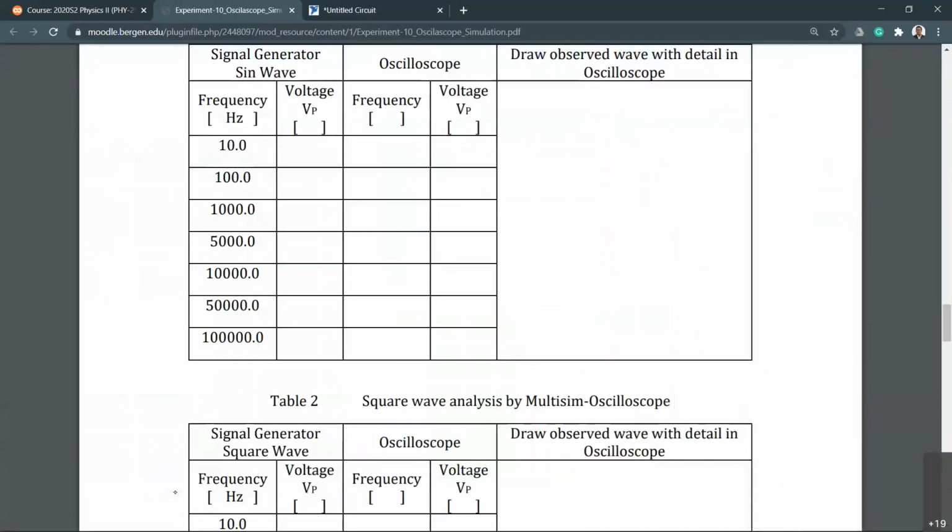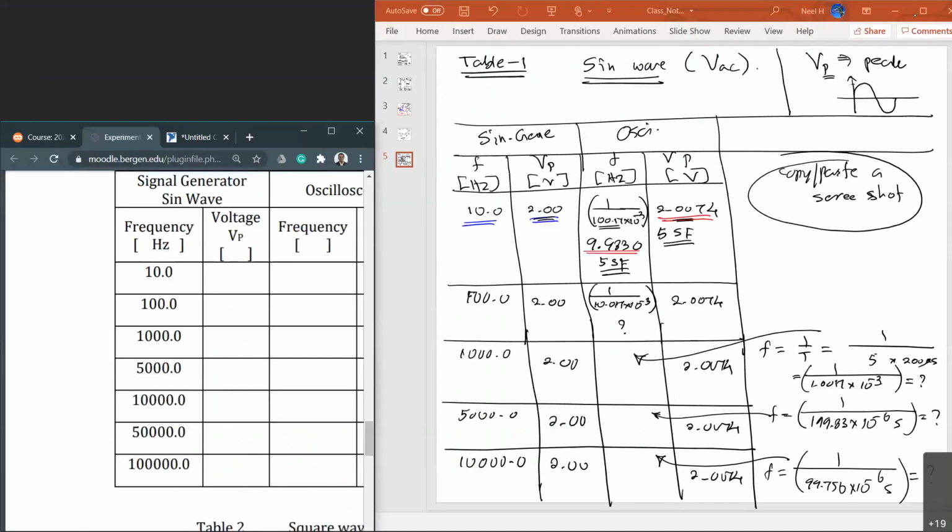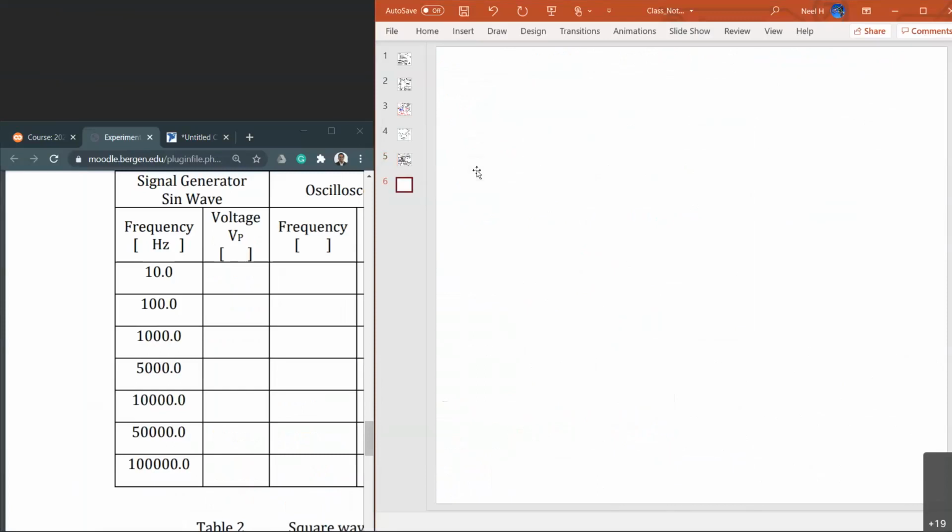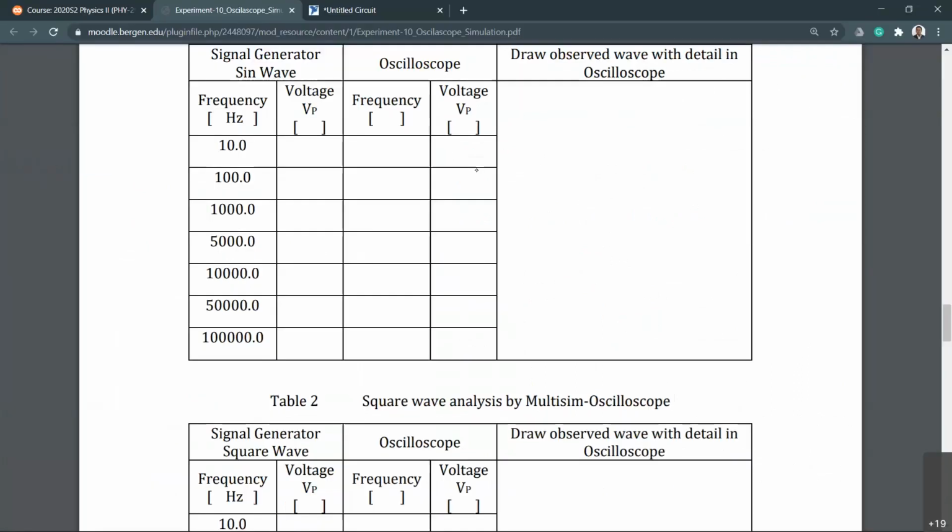All right. Beyond that, you need 50,000 and 100,000 for table number 1. Let's continue. So I need 50,000 frequency, and the voltage we are not changing, 2.00. The observed voltage will not be changed at all. The observed frequency is going to be 1 over the time. So let's take a look.